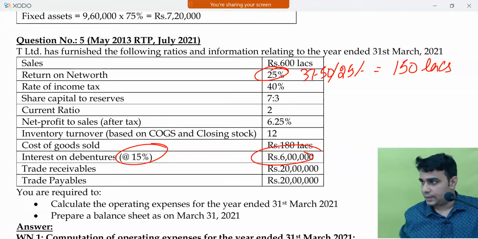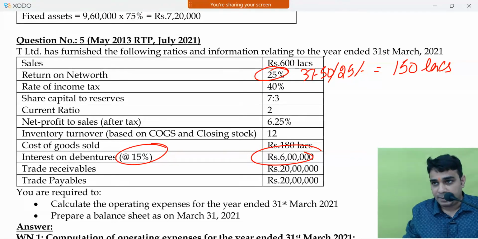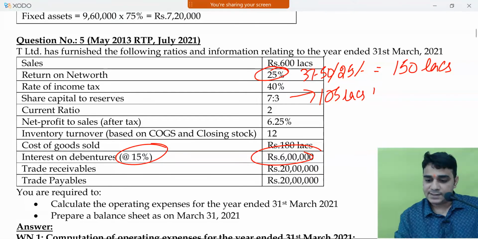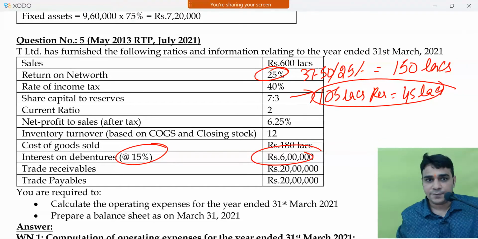Return on net worth is nothing but PAT by net worth, so net worth is equal to PAT by 25%. Share capital and reserves are in the ratio 7:3, so 105 lakh and 45 lakh, that's 150 lakhs.